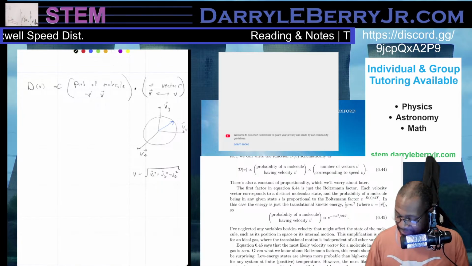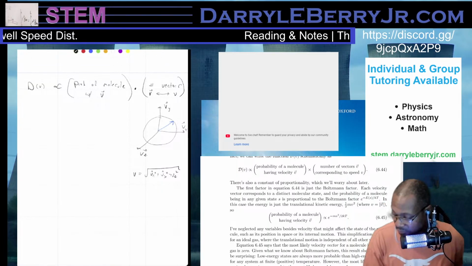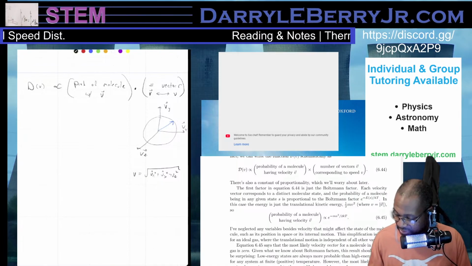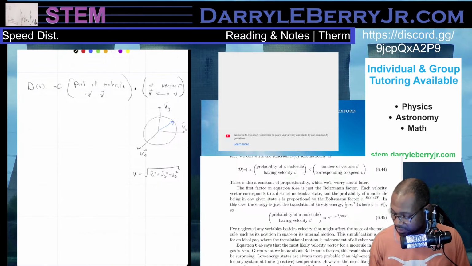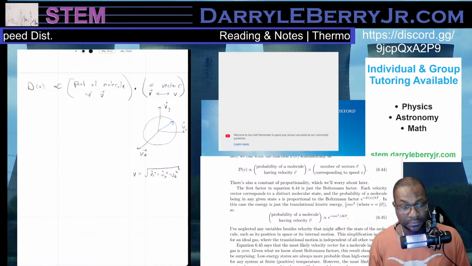So on the x-axis, it will be vx equals v, but where I drew the arrow there, it might be some combination of vx, vy, and vz that'll still end up with v.